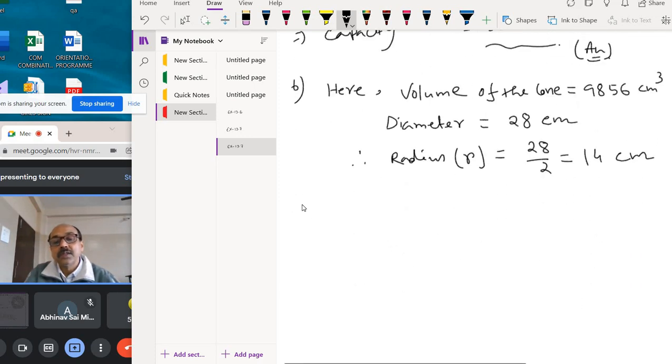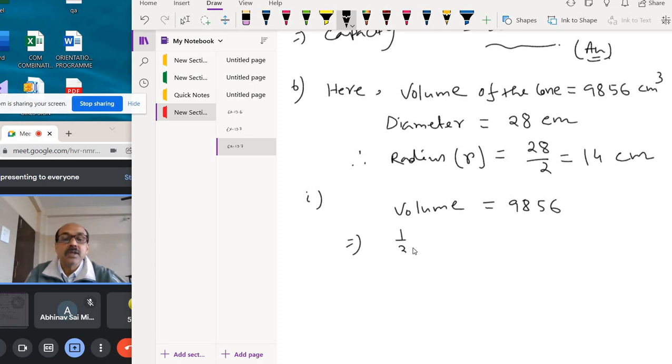Now for the first question, start from what is given: volume equal to 9856. Its formula, we know, is 1 by 3 pi r square h. So 1/3 pi r square h equal to 9856.